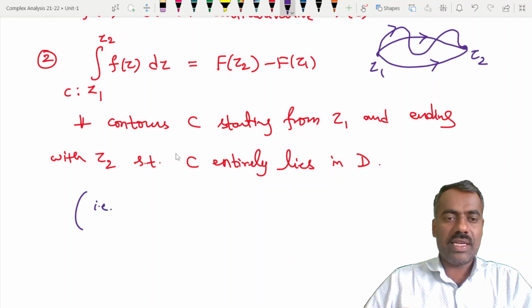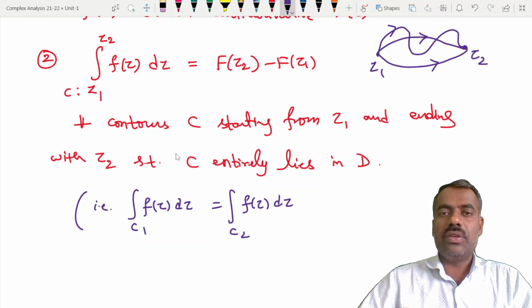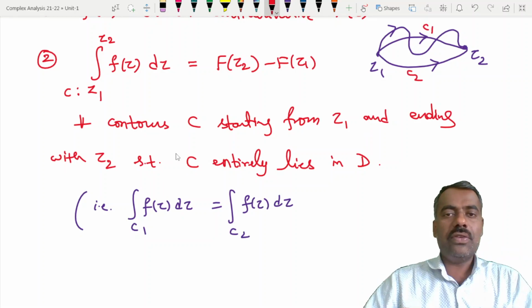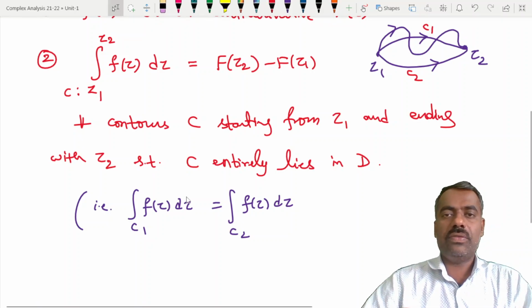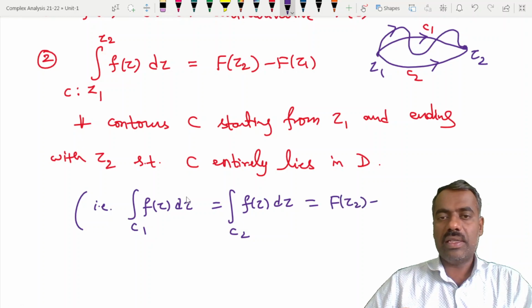That is, the integration of f of z dz over c1 is the same as over c2, and that value is equal to F of z2 minus F of z1.